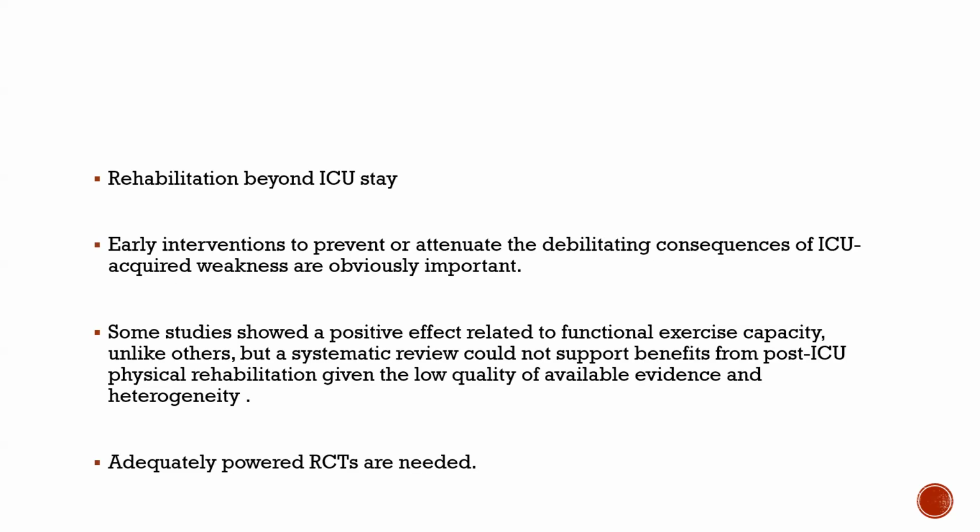Early interventions to prevent or attenuate debilitating consequences of ICU-acquired weakness are obviously important. Some studies show a positive effect related to functional exercise capacity, unlike others, but a systematic review could not support the benefit from post-ICU physical rehabilitation given the low quality of available evidence and heterogeneity. So adequately powered RCTs are needed.